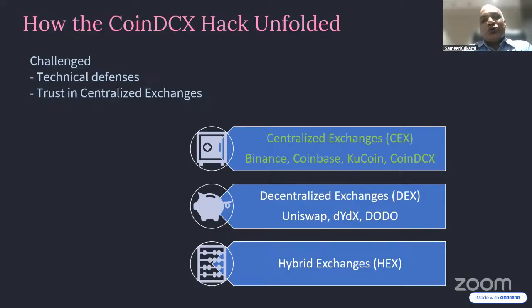So just to brief all of you, in the cryptocurrency exchange market, there are three kinds of exchanges: centralized exchanges, CEX, like Binance, Coinbase, KuCoin, or CoinDCX, which is also a centralized exchange. Then there are decentralized exchanges, like Uniswap, DYDX, Dodo, where operations are given to independent operators.